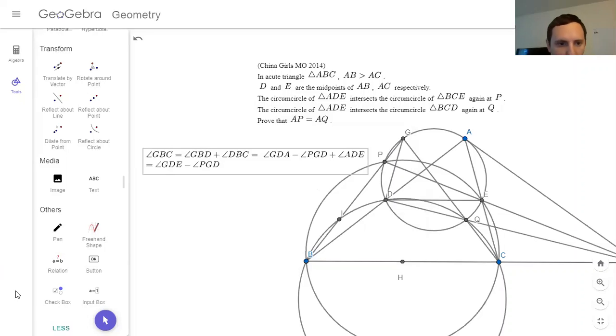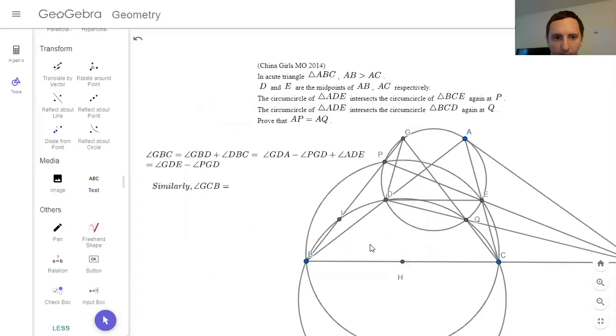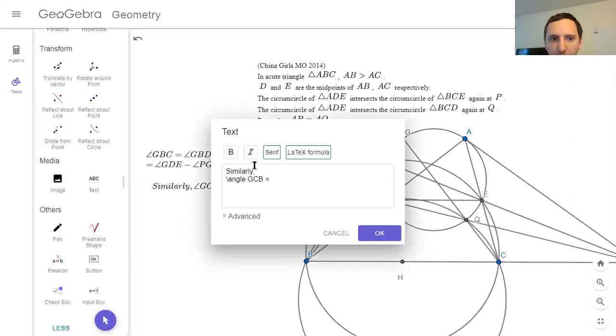And then similarly, angle GCD is equal to, that would be like AED. Actually, let me just write it all out.